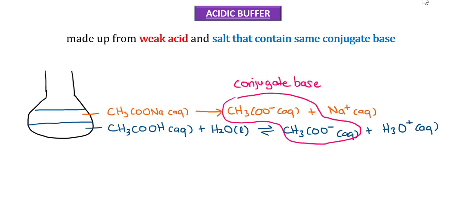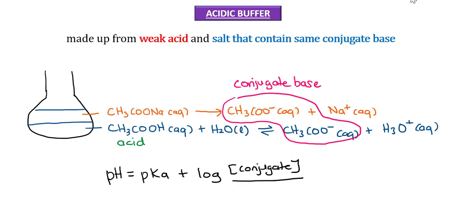The conjugate base will become a basic species, while the weak acid will become an acidic species. To calculate the pH of the acidic buffer solution, we are going to use the Henderson-Hasselbalch formula, which is pH equals pKa plus log of the concentration of conjugate base over the concentration of weak acid.